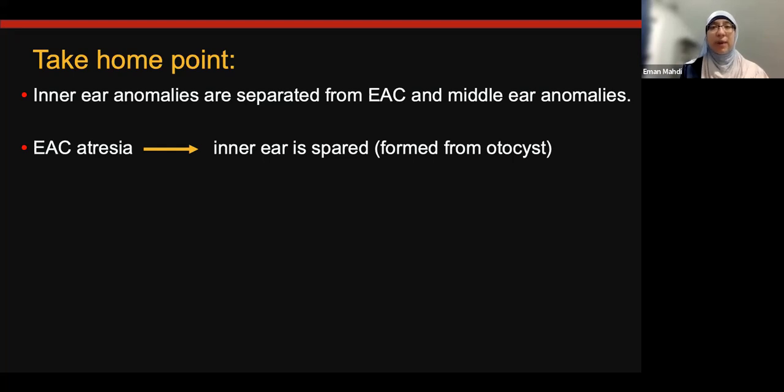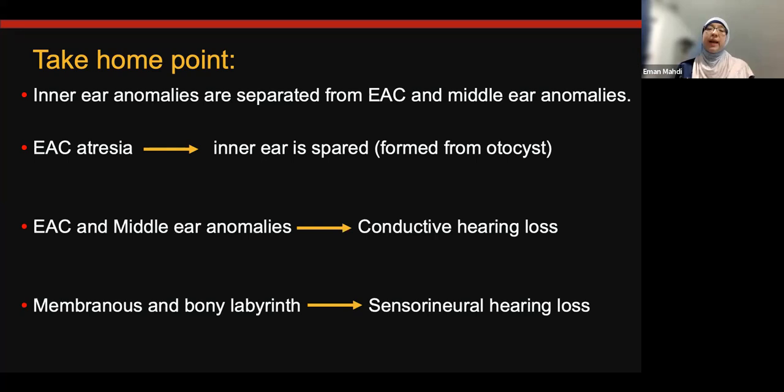You don't have much abnormality within the inner ear structure, but you are mostly expecting that the abnormality will be external and middle ear abnormality, just because the embryology for each of these is totally separate. And when we have external or middle ear anomalies, that's what gives us conductive hearing loss. However, sensorineural hearing loss is mostly related to inner ear abnormality or the cochlear, vestibulocochlear nerve.